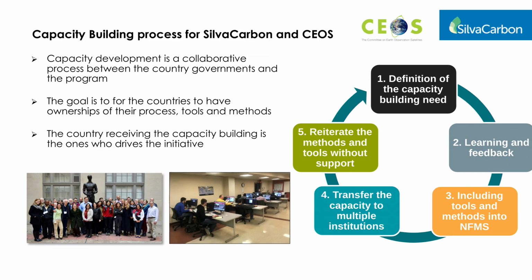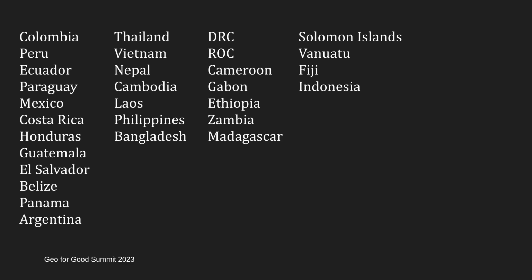Then we evaluate it, get some feedback, and then we include tools into the national forest monitoring systems that provide training. And the ultimate goal is that the countries can replicate these processes without us, right? That we're removed out of the equation. That hasn't happened yet. Since 2011, we're still working with countries, but that's the ultimate goal.